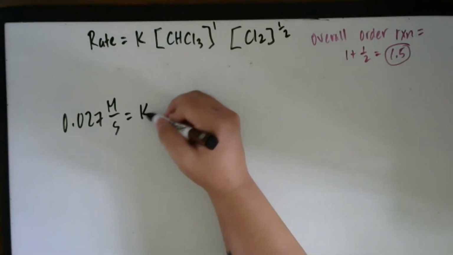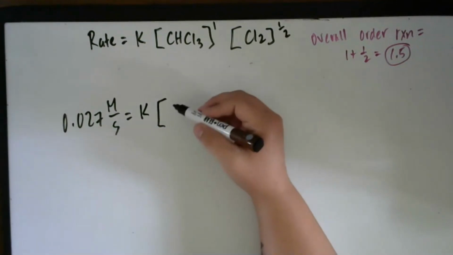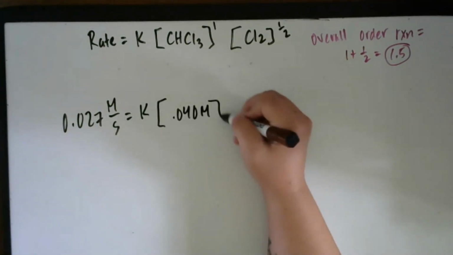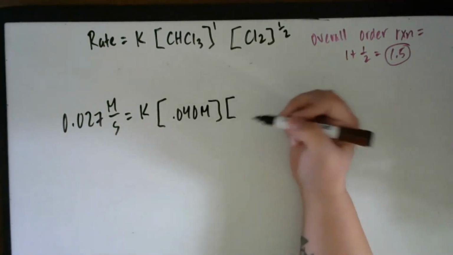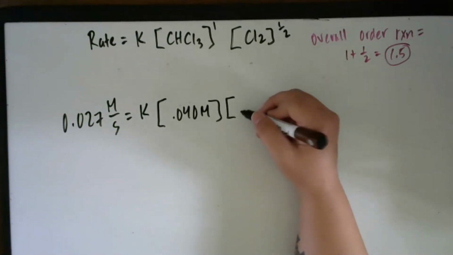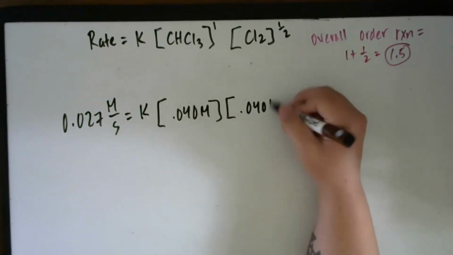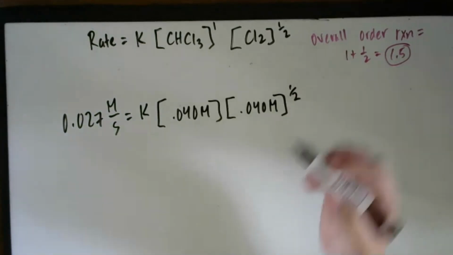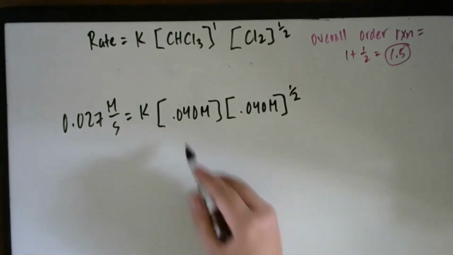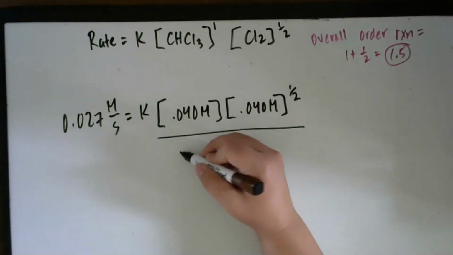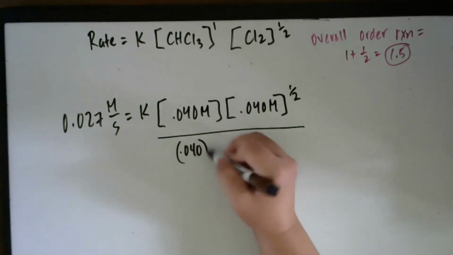And that's going to be K times 0.040 times, oh, both of them are 0.040. Okay. And you're just going to be isolating there. So over 0.040.